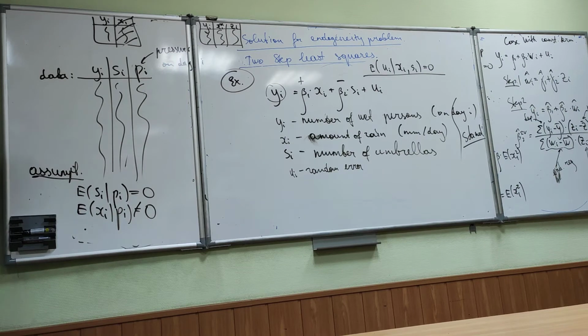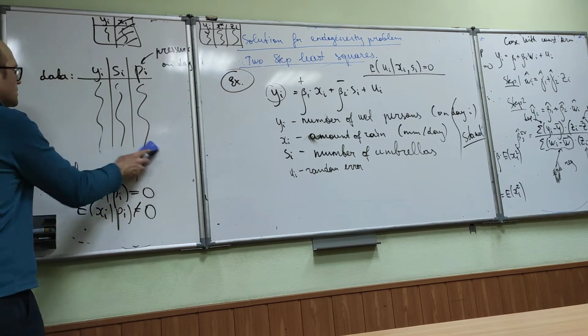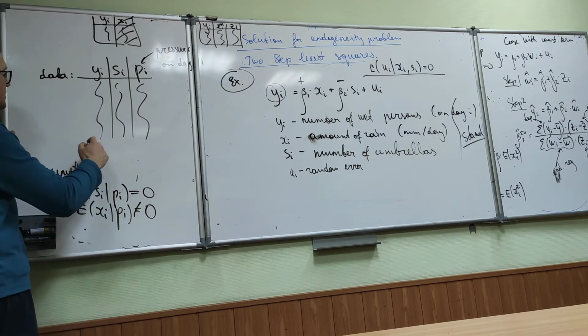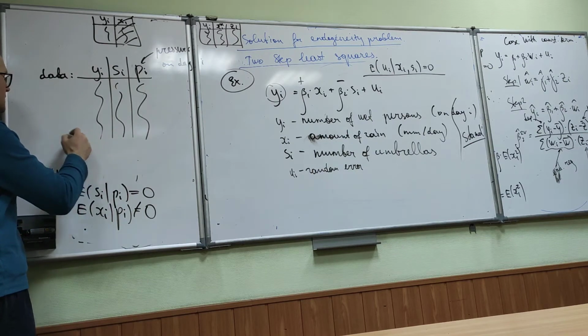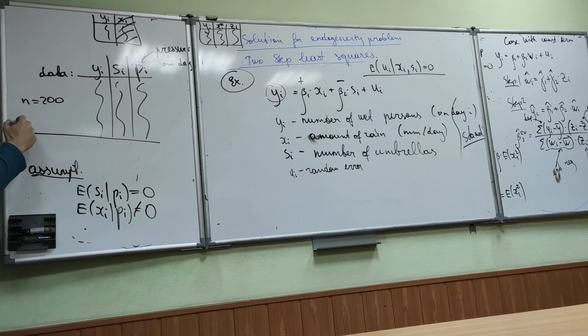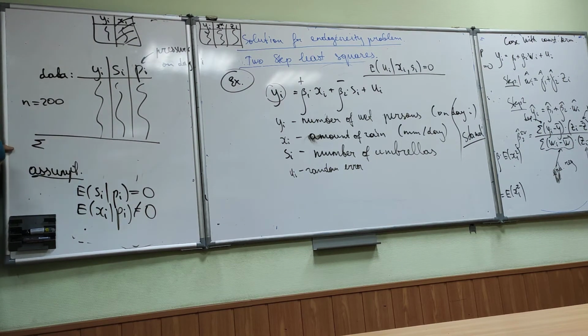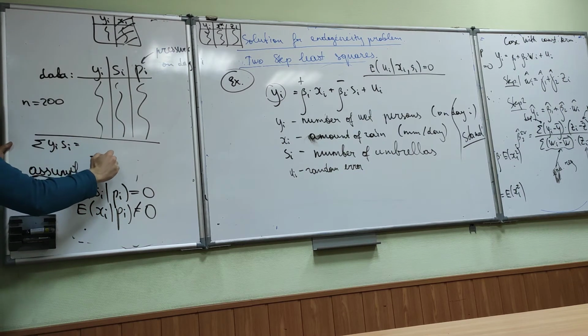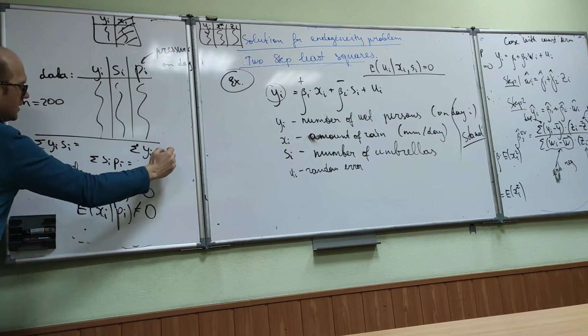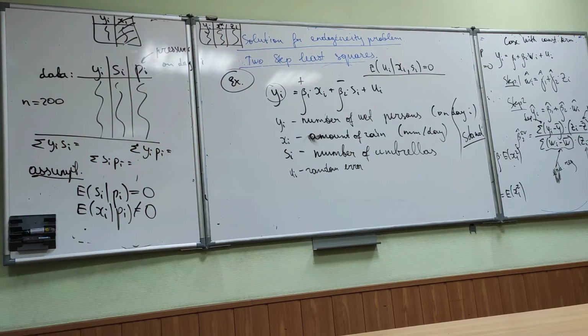and I give you some data. So let's imagine that you have some data. The data is the following. Imagine that you have 200 observations. The sum of ys, the sum of sy, the sum of yp, and I give you some numbers.